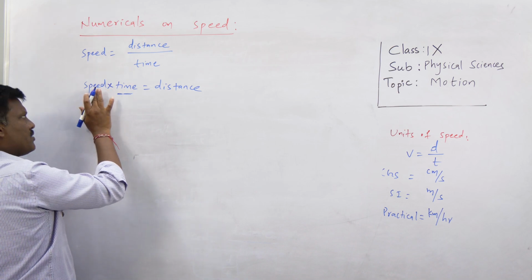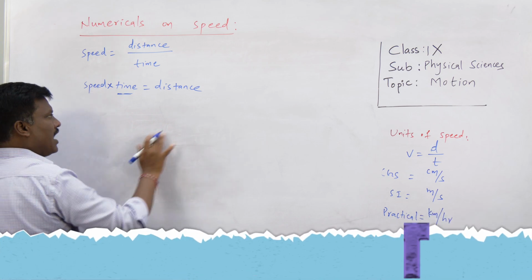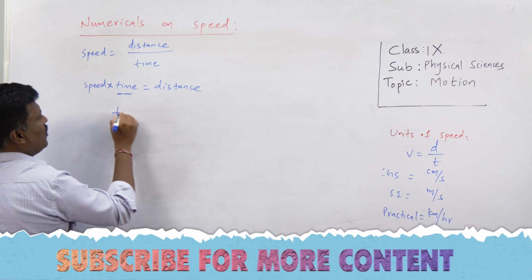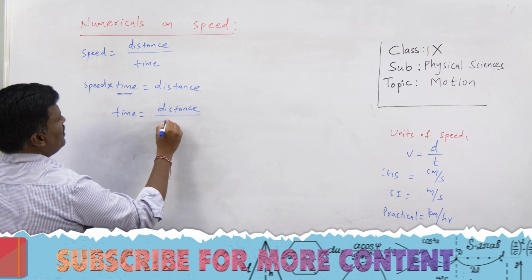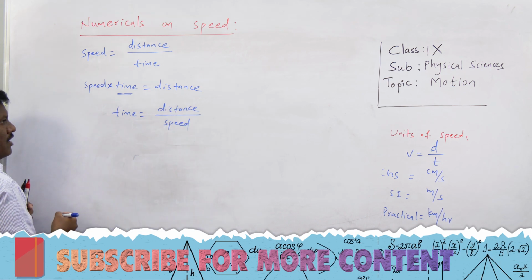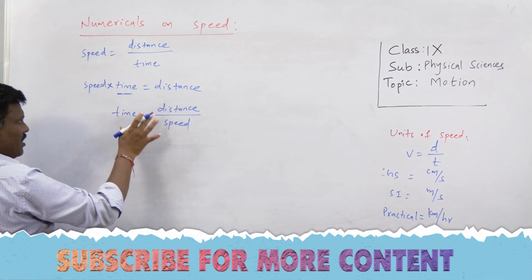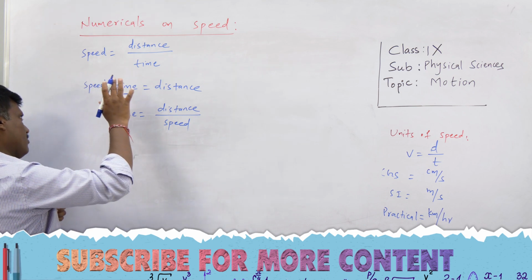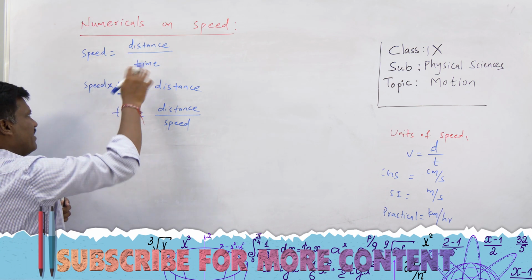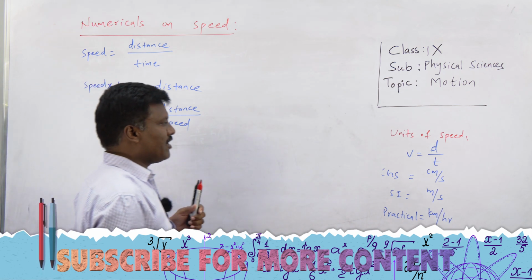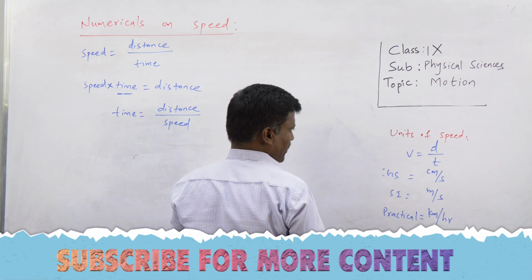If you transpose the speed from LHS to RHS, it divides. So the time formula: time is equal to distance by speed. Generally, these three formulas are actually only one formula, but we have written them in terms of each and every quantity. So these three formulas you have to remember.